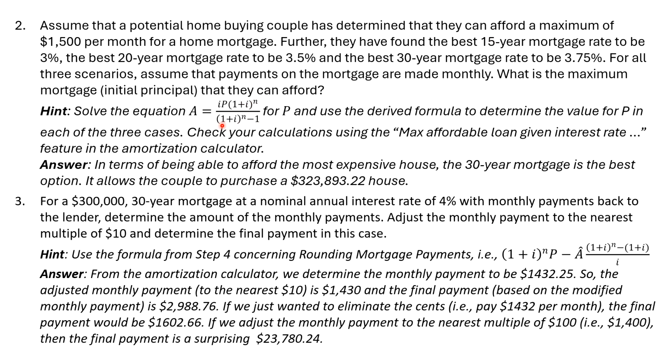And then you have everything else. 1,500 is fixed, right? That's the most they can afford, so that goes in for A, and then you just solve for P.